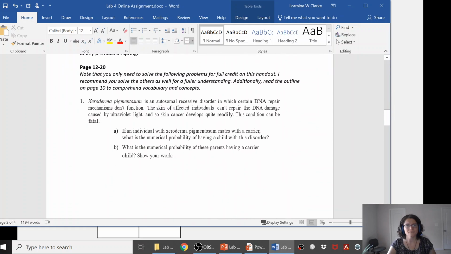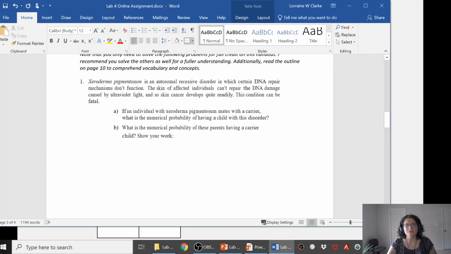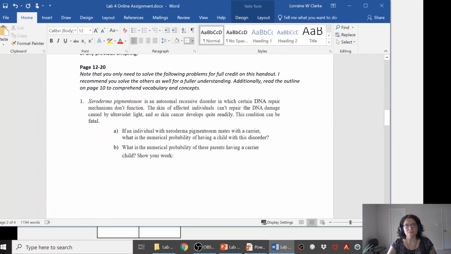All right. So we're going to do, I'm actually going to go back here. So these are just super simple monohybrid crosses, okay?